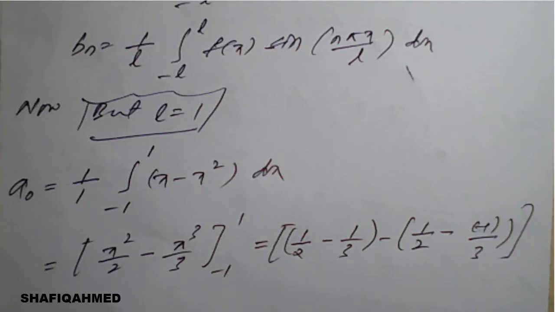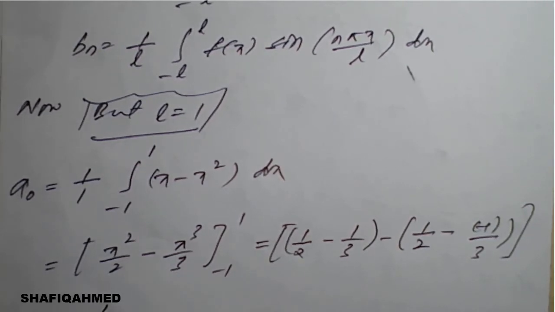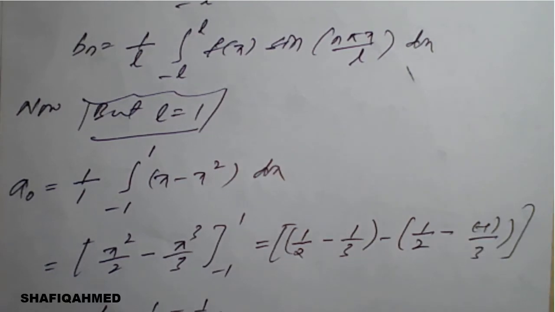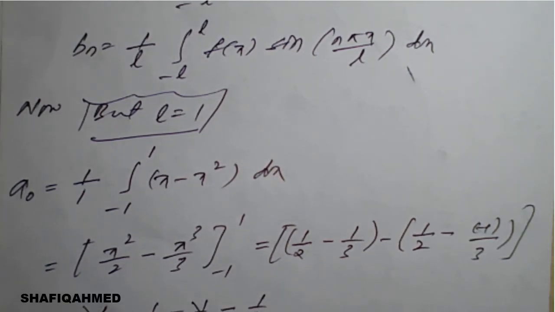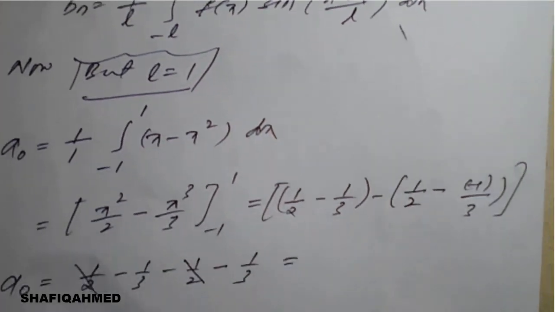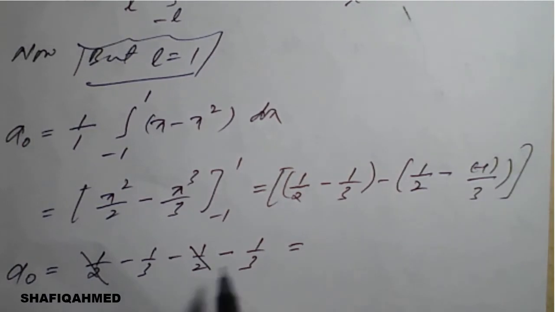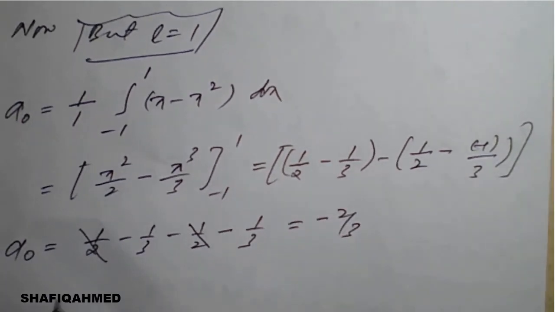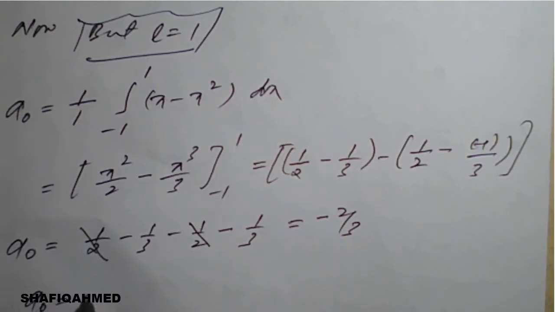On final simplification, a naught is equal to 1 by 2 minus 1 by 3 minus 1 by 2 minus minus plus into minus is minus 1 by 3. So 1 by 2 minus 1 by 2 cancels. We get minus 1 by 3 minus 1 by 3, which is minus 2 by 3. Therefore a naught value is minus 2 by 3.